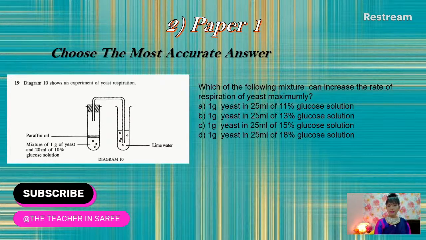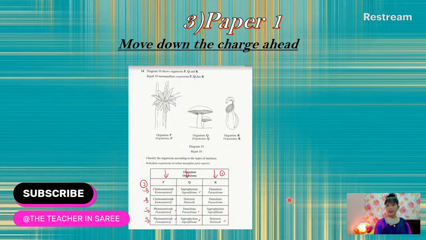The next part. So this is the third trick that I always tell my students. When you're dealing with questions where the answers are in the form of a table, do not go horizontally, because when you go horizontally, you're going across elements which might confuse you.